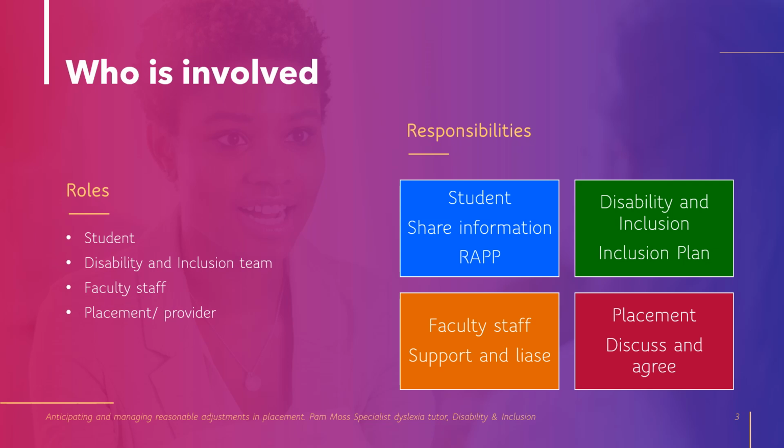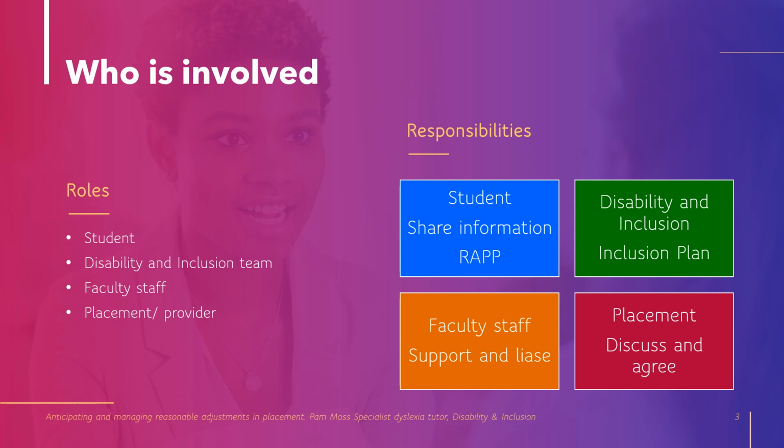The responsibility of a student is to share their information and disclose whether they have got a disability or a neurodiverse profile to the disability and inclusion team. And also it is a student's responsibility to complete the reasonable adjustment placement plan.